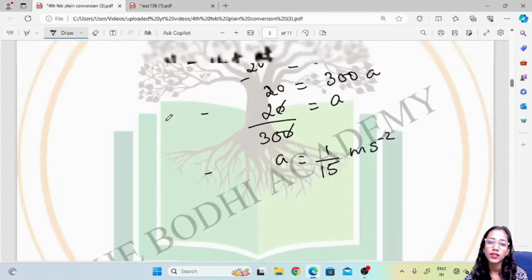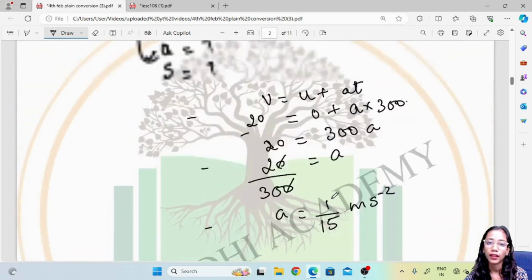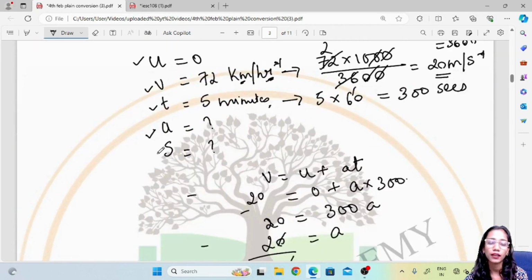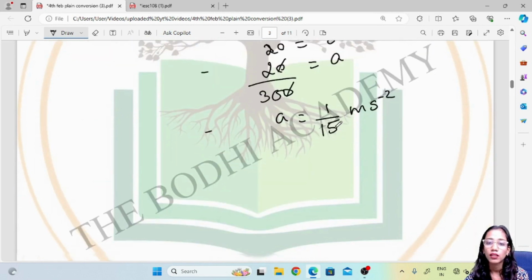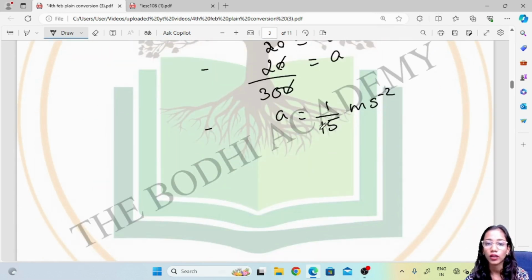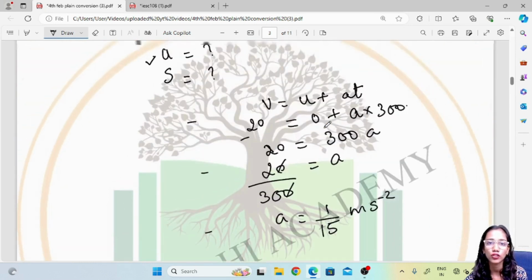So this is a. We have found a. Now what we have to find second is the distance. We can simplify this as well, or if you want to use it in the next formula, then we can keep it this way because it will be easier for solving.